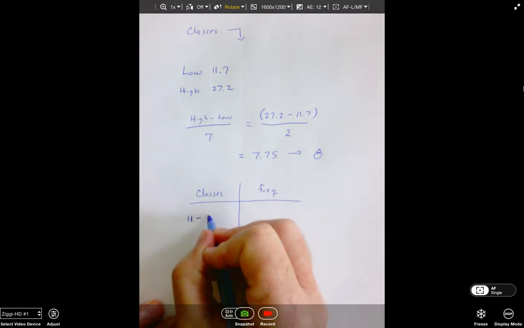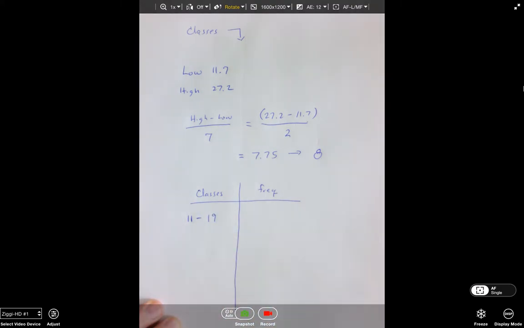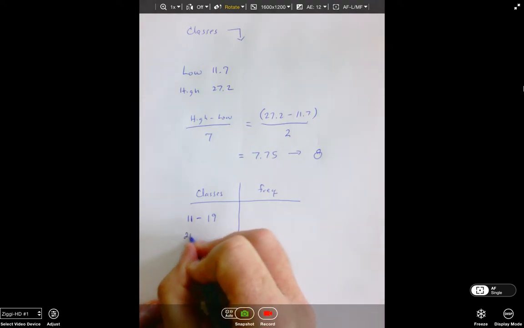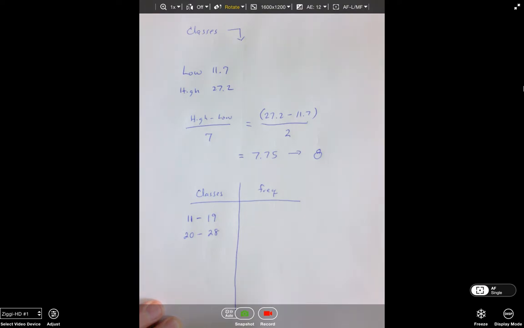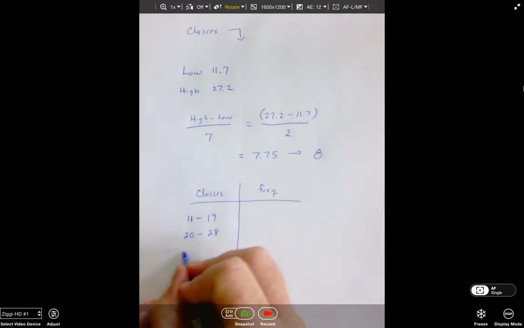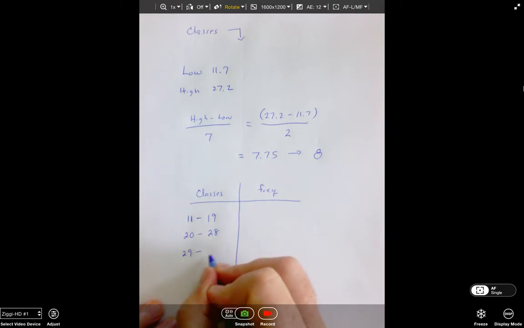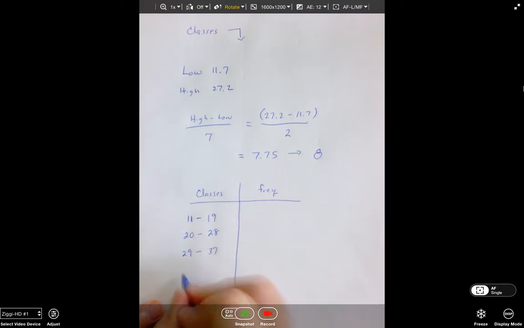So if I run this to 8, that's going to run up to 19. I'll start my next one at 20, run it up to 28. Start my next one at 29, run this up to 37. Go my next one at 38, run it up to 46.